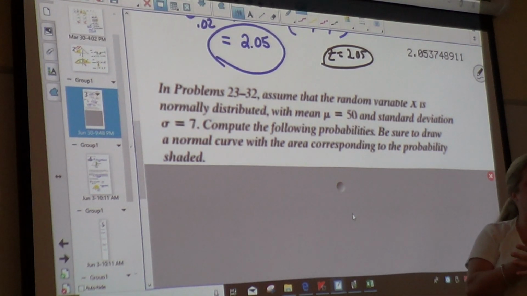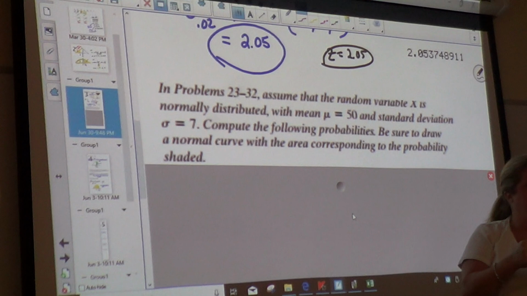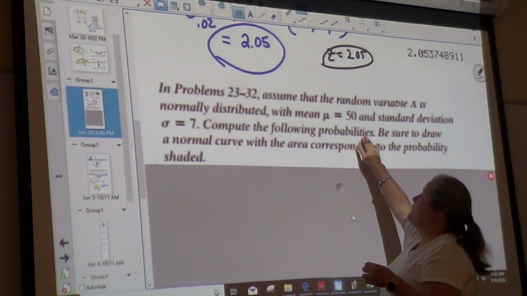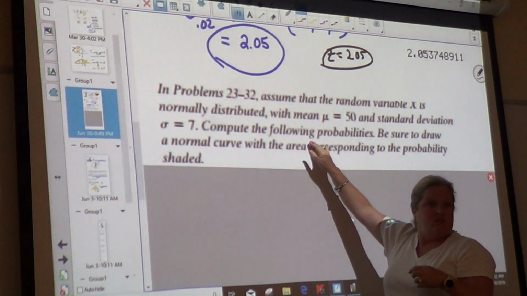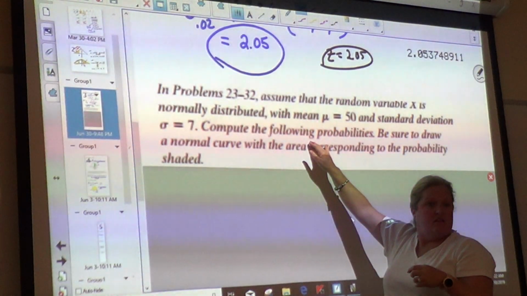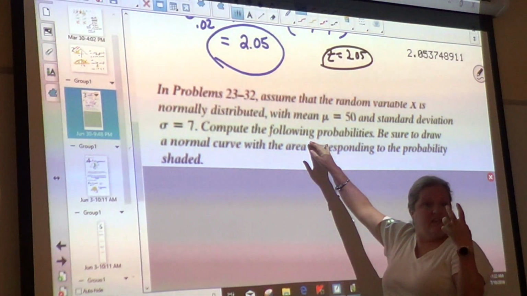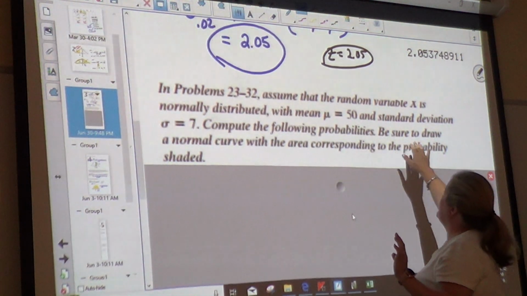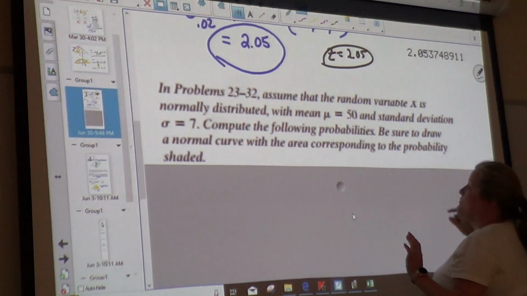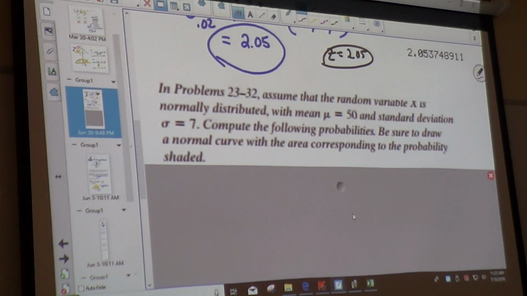So what are they wanting us to find? The shade, the probability, the percent under the shade. Be sure to draw a normal curve with the area corresponding to the probability.